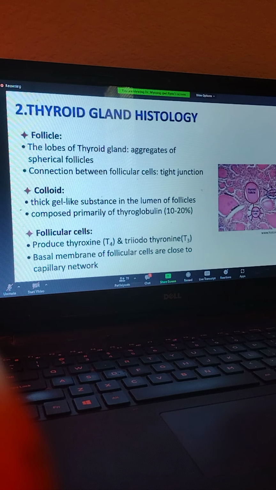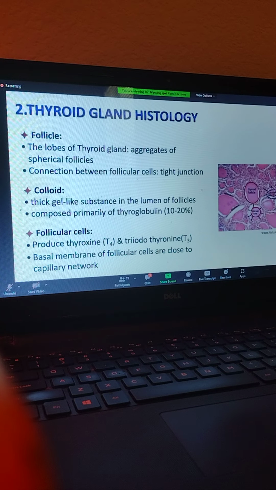Okay, and then the follicular cell. These are the cells that make T3 and T4. So we have thyroid hormones here. Thyroxine is T4. T3 is triiodothyronine. Among these two, T4 and T3, you must know this: which one is the biologically active form of the thyroid hormone?